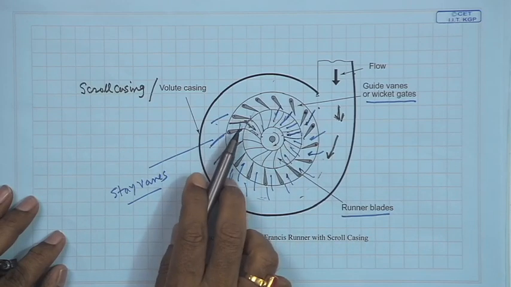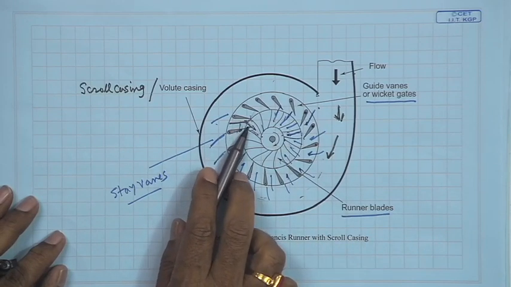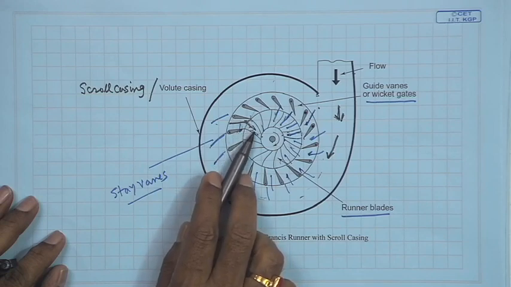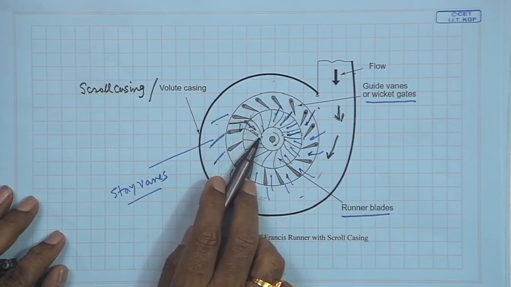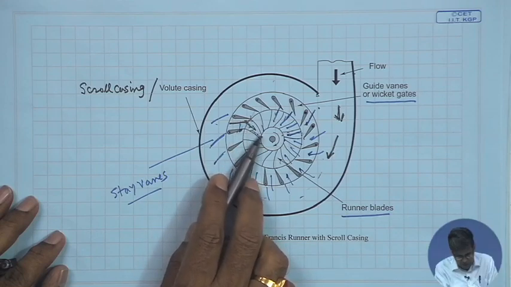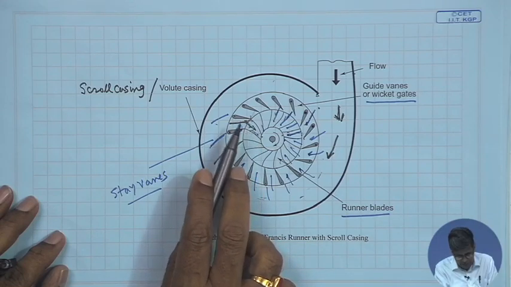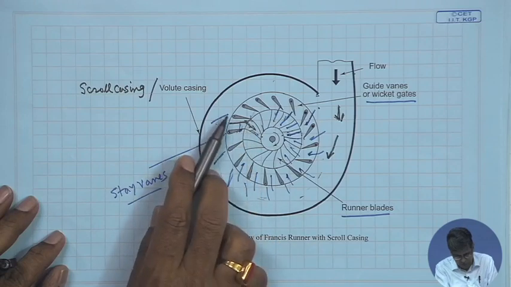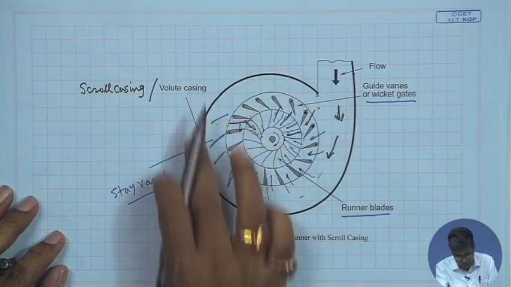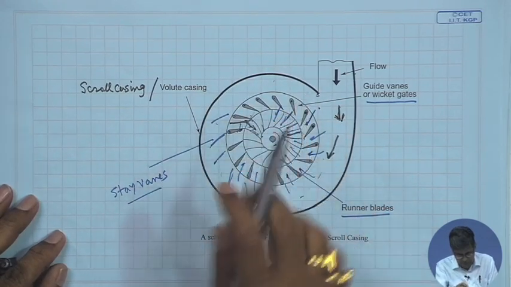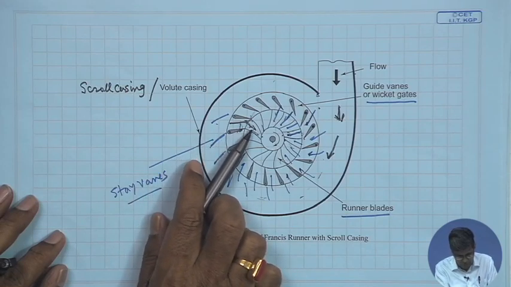And as the flow takes place through the runner, the tangential and radial flow ultimately is being converted to a radial flow, and the cross sectional area of the flow converges, and this is the height of the runner blade. So, flow takes place like this. If we consider this as the horizontal plane, a vertical shaft Francis runner, the flow takes place like that.